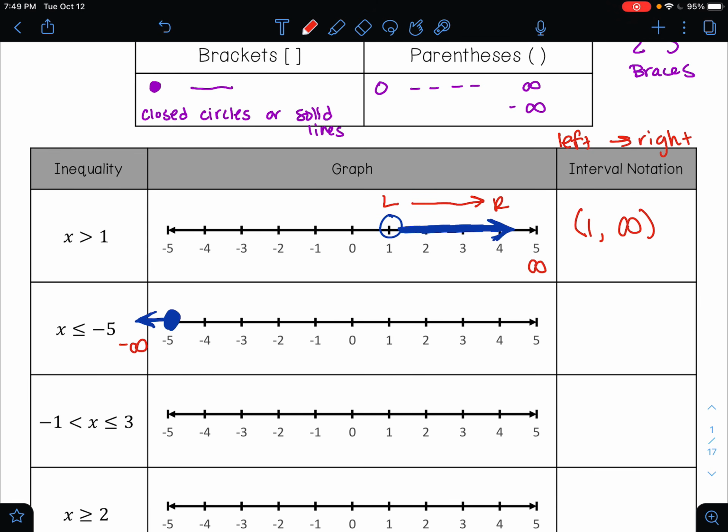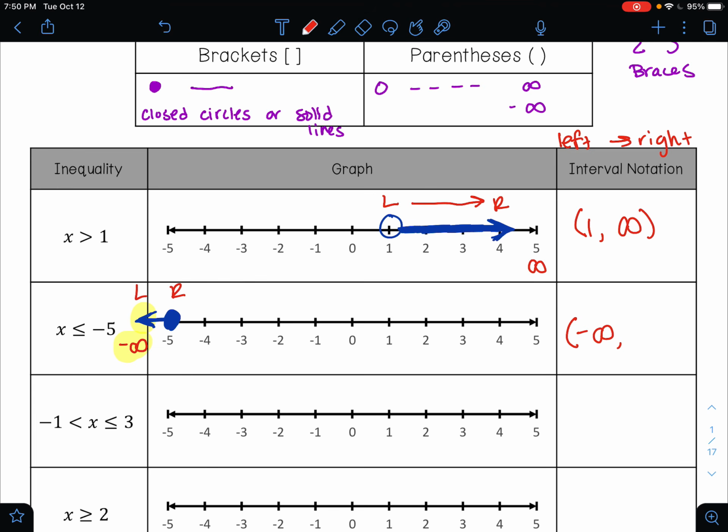My furthest point to the left here is my arrow. It's going to keep going to the left forever, so that's going to negative infinity. Negative infinity gets a parenthesis. And you can see that when we wrote that up here. Negative infinity will always get a parenthesis. And then my furthest point to the right is this negative 5.